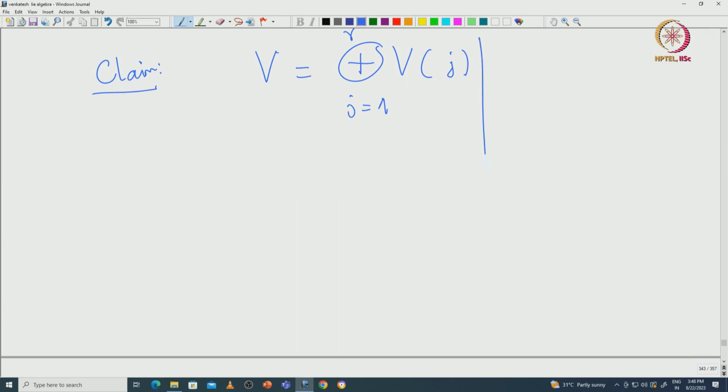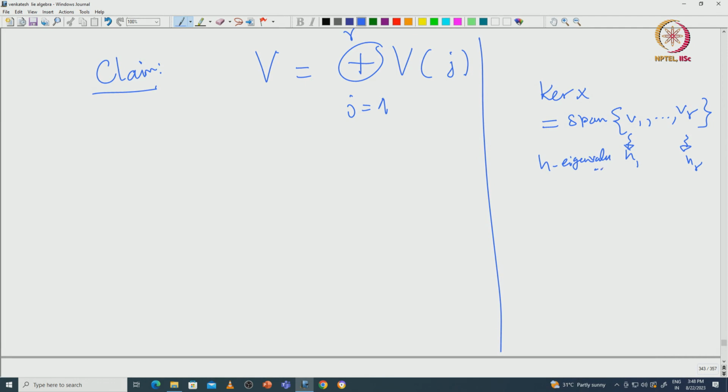So, basically what we are doing is looking at the kernel of X. So, this kernel of X is spanned by v_1 etcetera v_r, and these we are choosing to be eigenvectors for H. So, this will correspond to n_1, this will correspond to n_r as H eigenvalues.